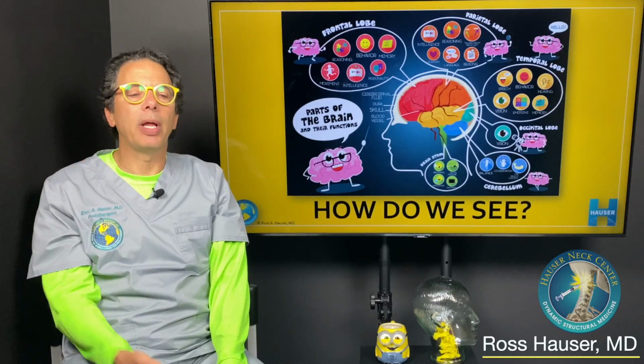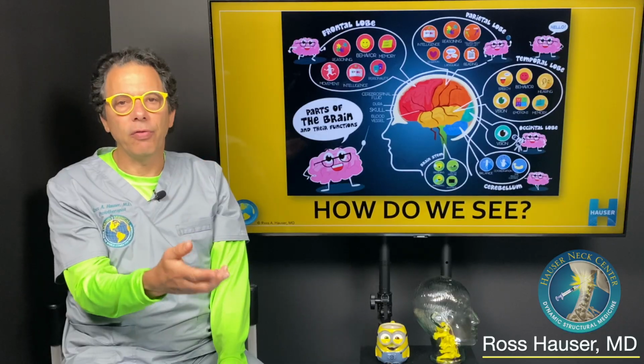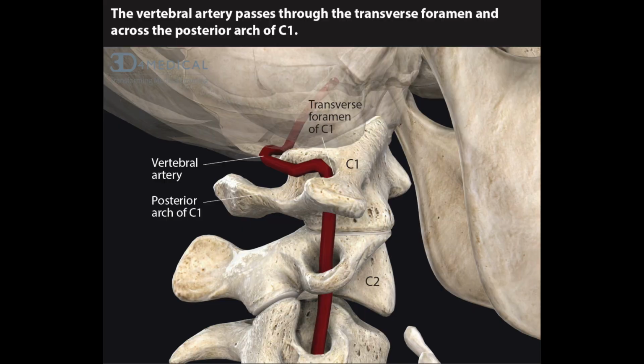The cerebellum and the occipital lobes in the back of the brain get their blood supply from the vertebral artery. As you know from previous videos, the vertebral artery actually runs inside the cervical vertebrae. So any type of instability can start to kink or cut off the vertebral artery.